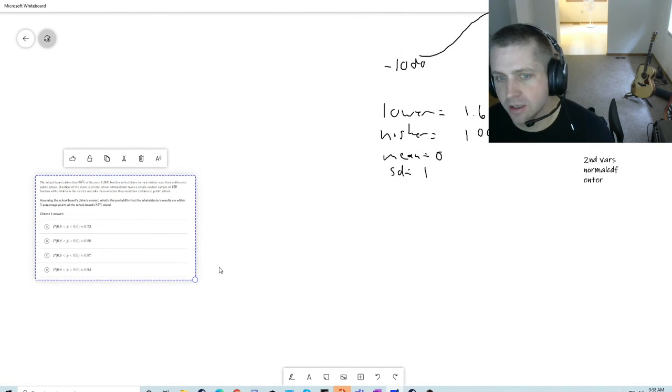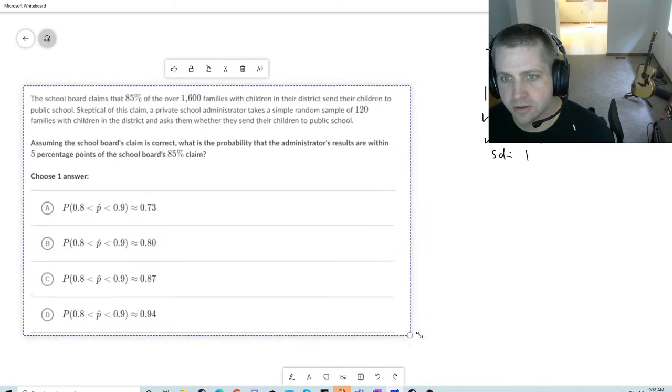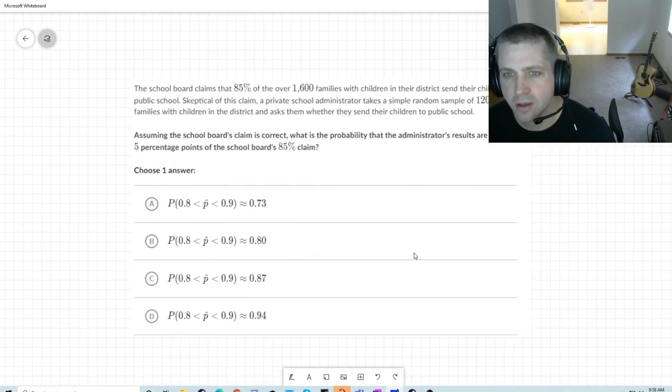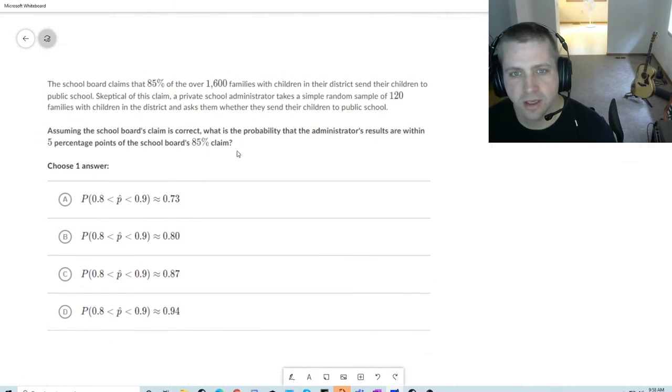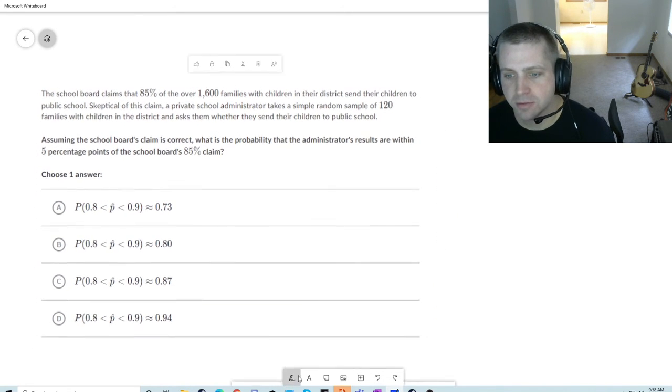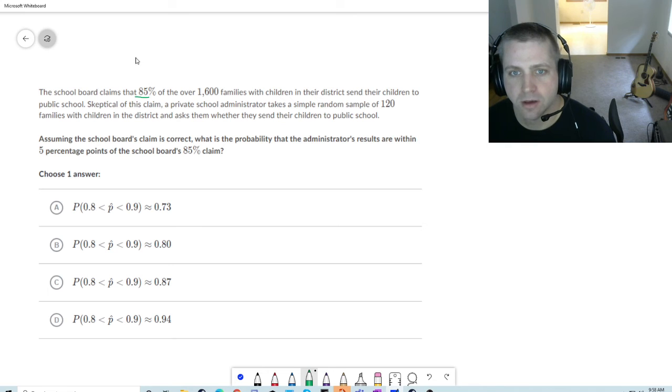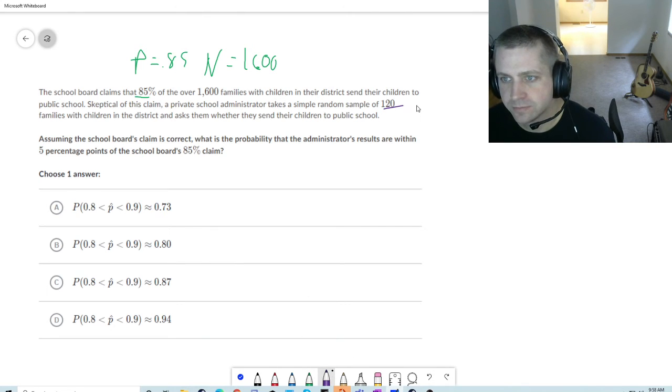The more advanced problem comes, I'm not going to do this whole problem, but I'll set it up. The more advanced problem comes when we have stuff like this. This is weird. Let's label really quick. We've got big P. We have big N. And we have a little n. But it doesn't show a p-hat.